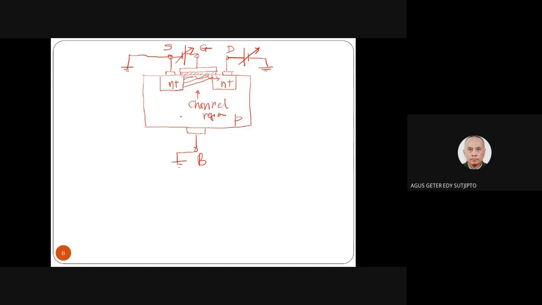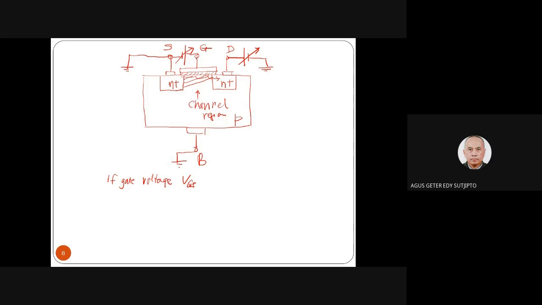So we can say, if gate voltage is VGS, this is gate voltage.